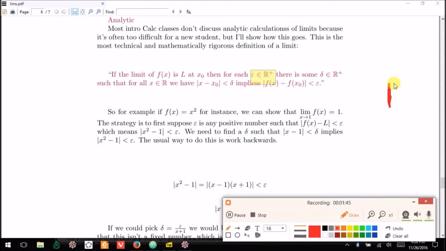That's kind of the idea of limits: approaching your limiting value, but never actually touching it. So there's this little bit of error that is permissible.